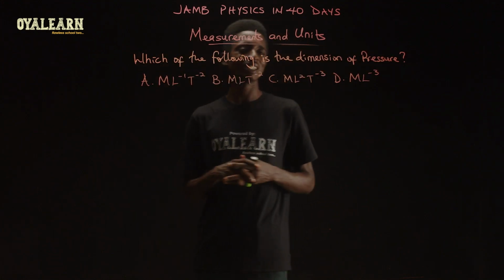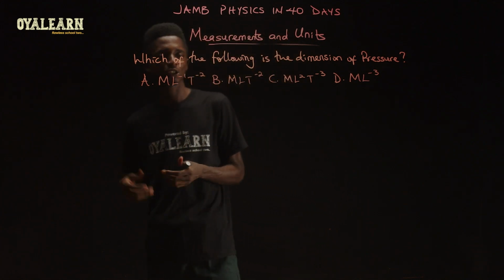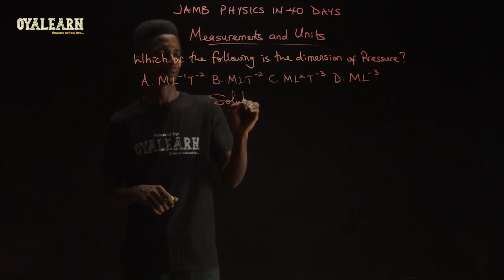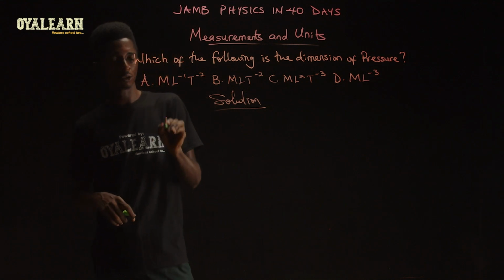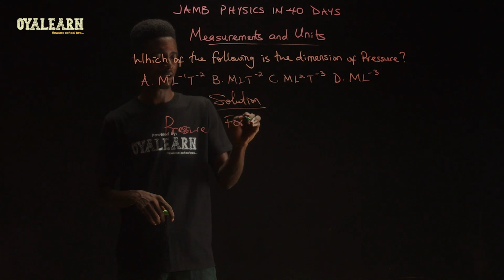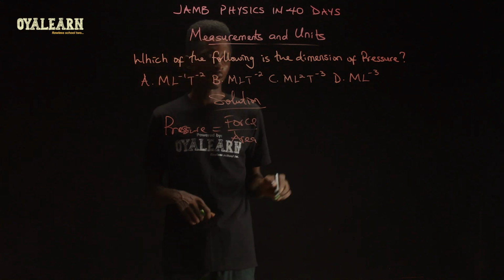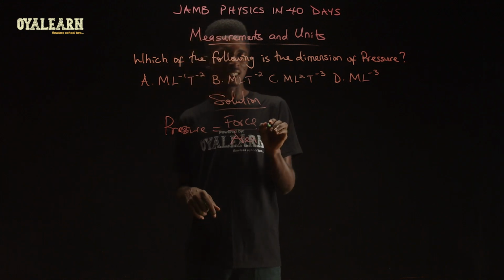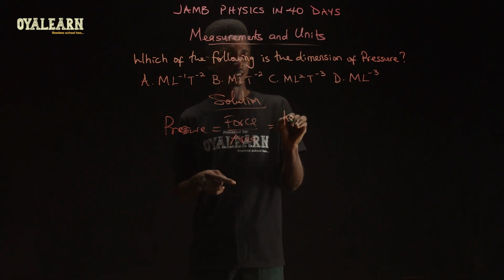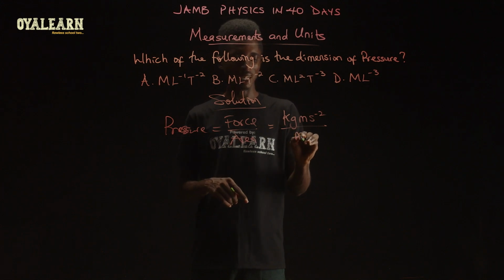Which of the following is the dimension of pressure? So we have to find the dimensions of pressure in this case. Now to solve this, we have to recall that pressure itself is force per unit area. So force over area. Now, force itself is measured in kilogram meter per second squared, and this is in meter squared.